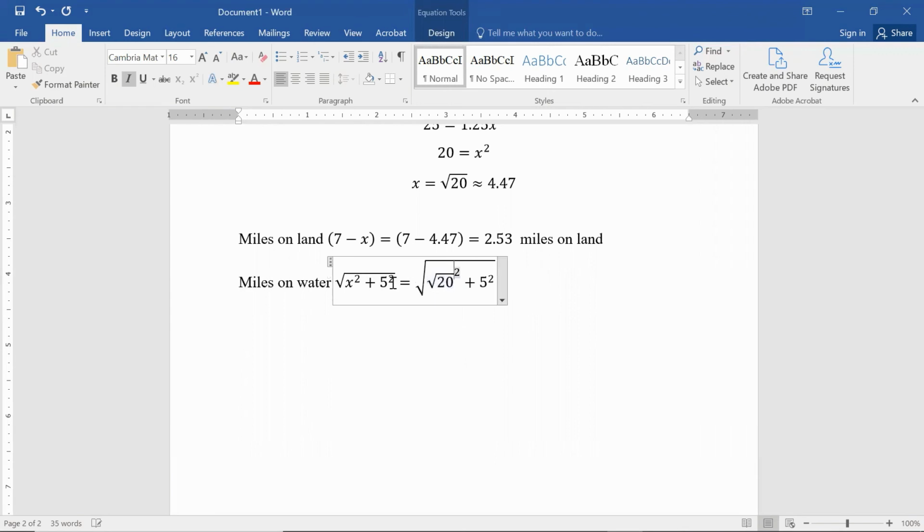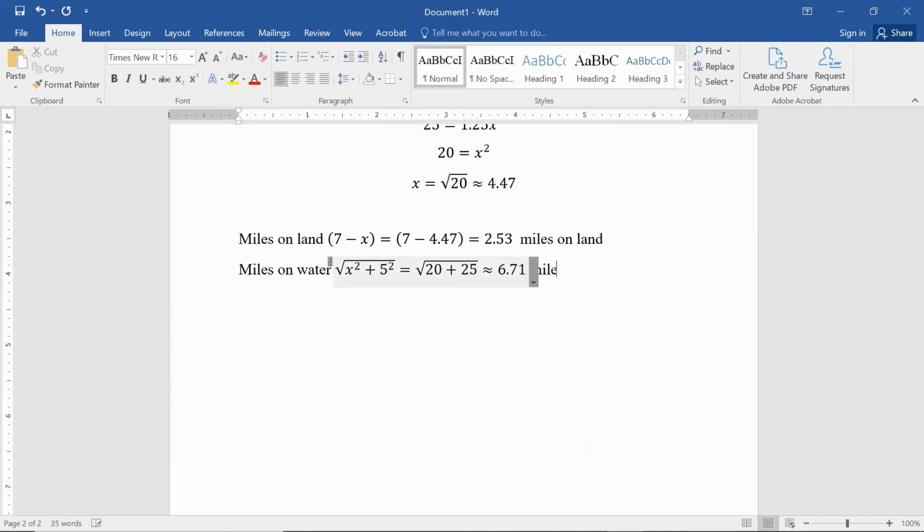There we go. 5 squared is 25. Square root of 20 squared is just 20. So that becomes the square root of 45, which is approximately 6.71 miles through the water.